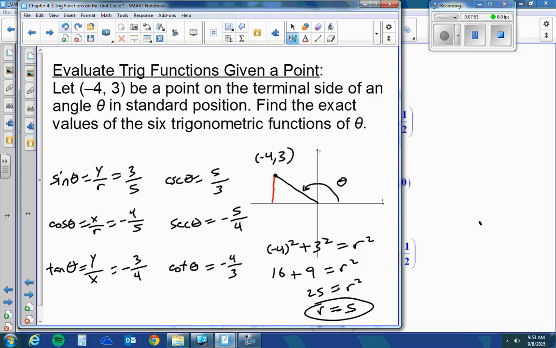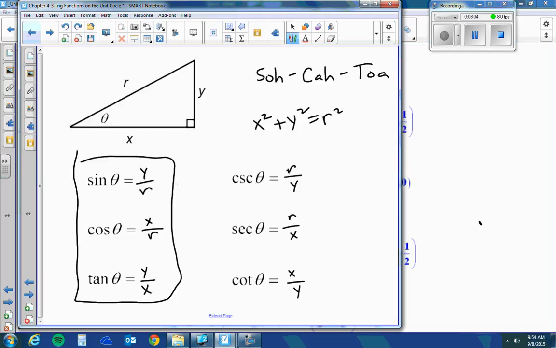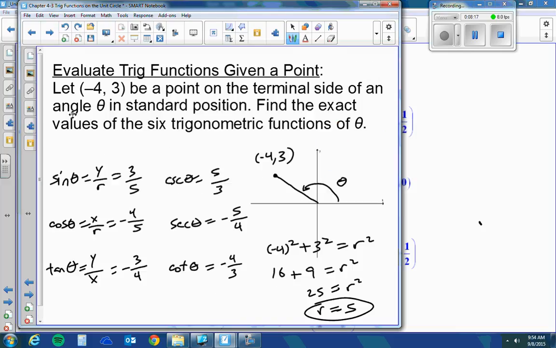But for now, know that while we got the definitions from this basic nice picture, and you want to use this picture to get your definitions, they work no matter what angle is drawn. Here, you're not going to see the triangle very easily, so I don't want to try to get there right now. It's a very good question.